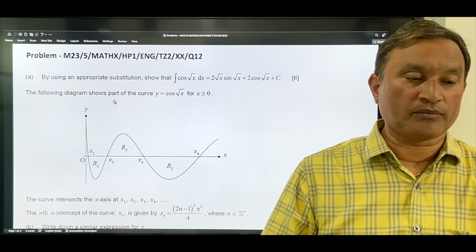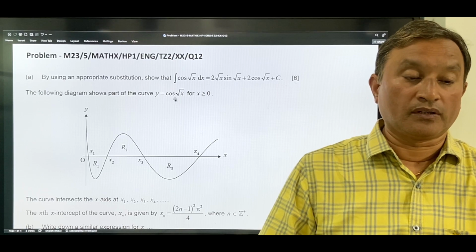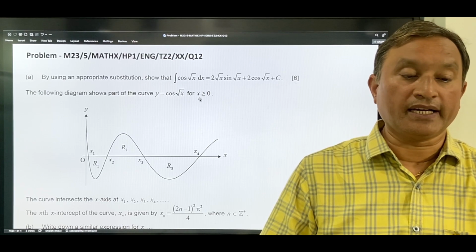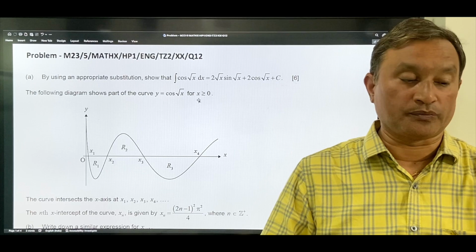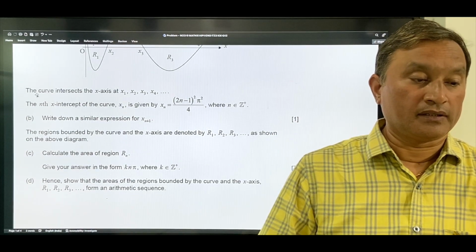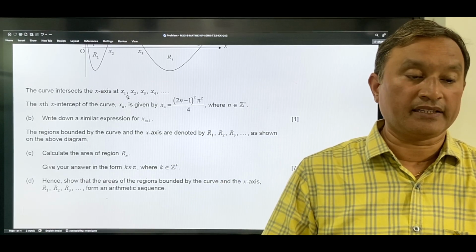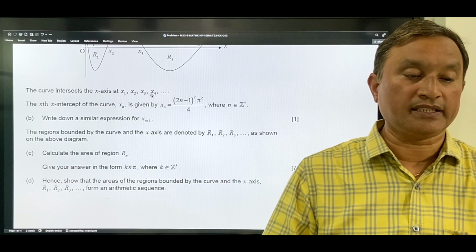The following diagram shows part of the curve y equals cos root x for x greater than or equal to 0. The curve intersects the x-axis at x1, x2, x3 and x4.